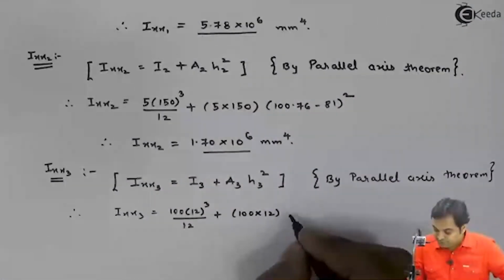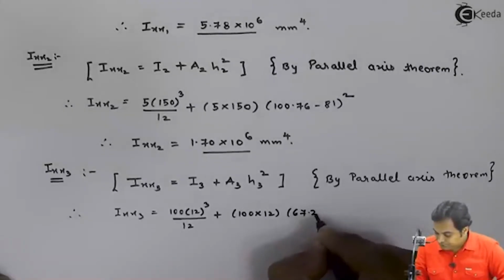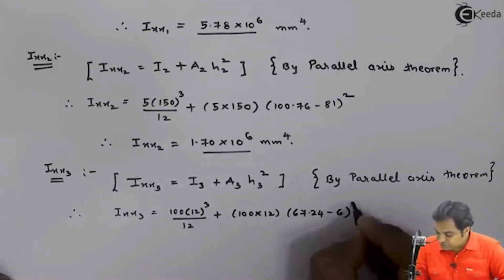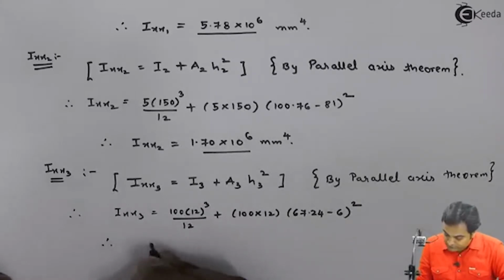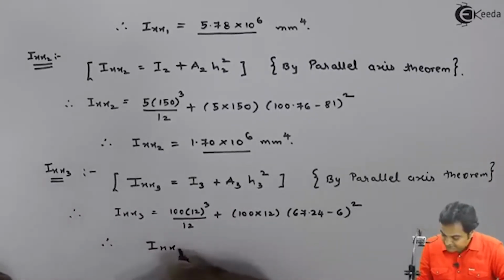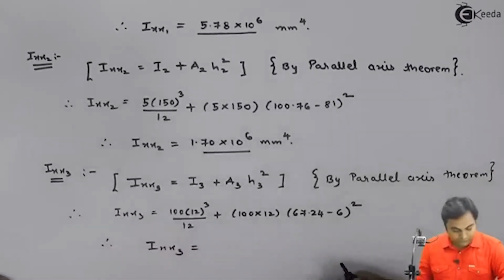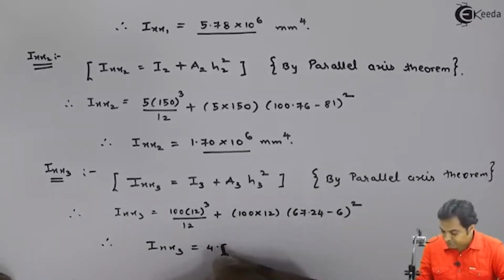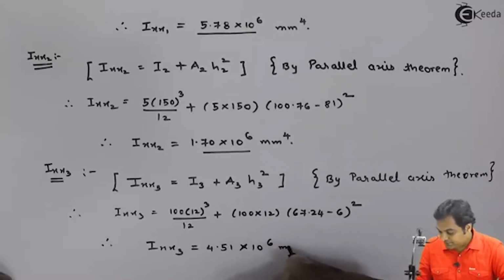So 67.24 minus 6 whole square. From this, I would be getting Ixx3 is equal to 4.51 into 10 raised to 6 mm raised to 4.